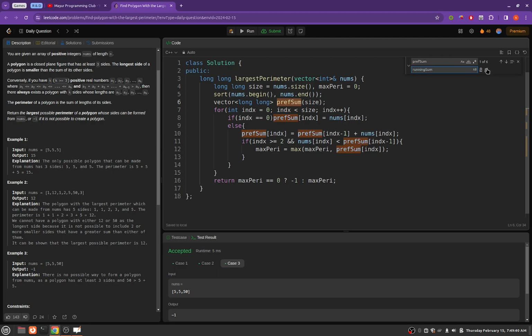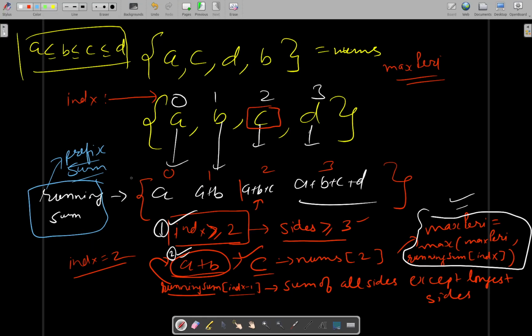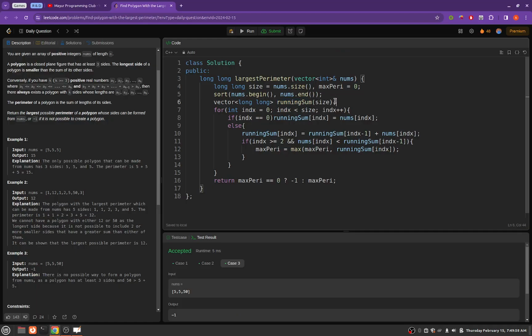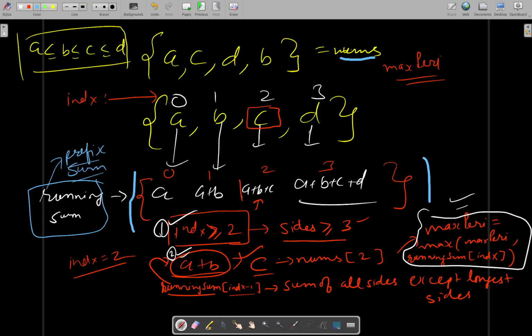The size of the running sum structure, or the array that we'll be using, is equal to the size of nums, and this is the maximum perimeter that we will be returning. And this is how we populate running sum. If you are at the very first index, then it's only one value, which is the value of nums present at that index.